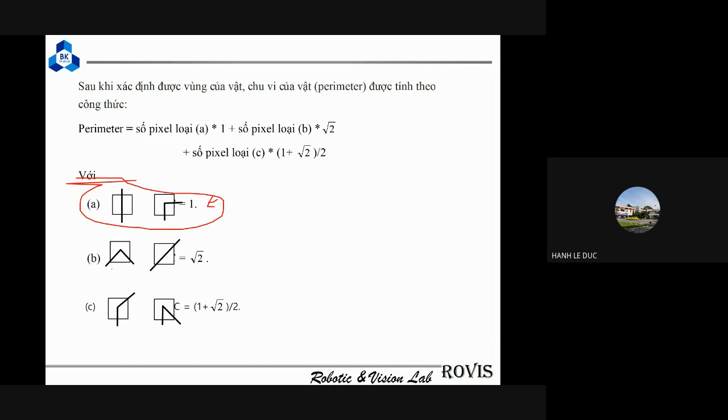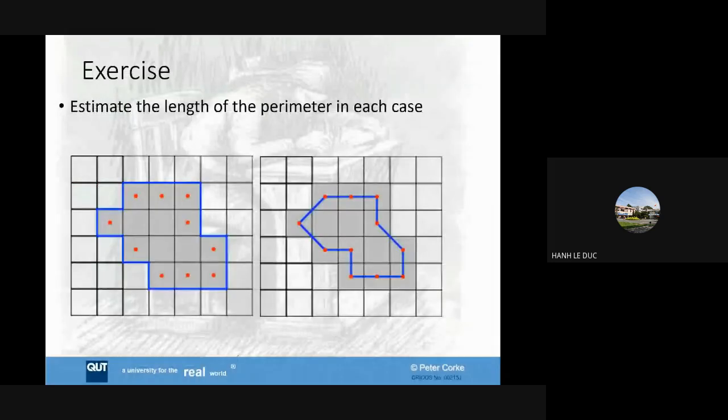If the line goes diagonally like this, we will calculate it as the square root of 2. Okay, let's calculate it. Example here: we want to calculate the perimeter of this shape, right?